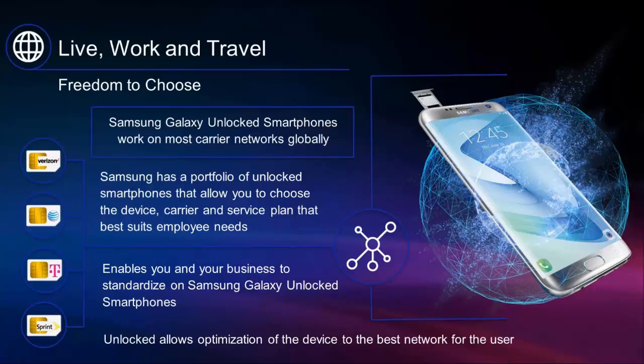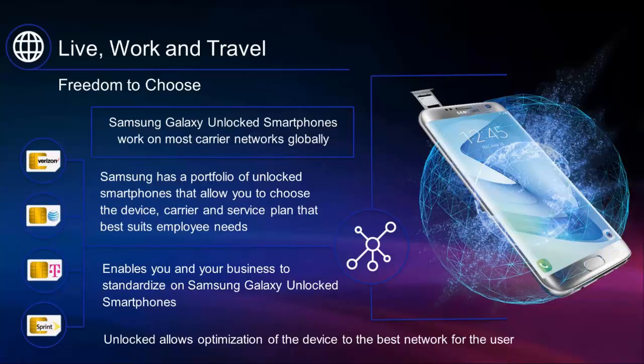This also can apply on the business side, so it is important to note that while not as prevalent as on the consumer side, enterprise unlocked phones do have that ability to swap in and out the SIM cards in order to change plans from one region to another or from a local carrier to a different local carrier as they travel. So this portfolio of unlocked phones allows them to choose the device, the carrier, and the service plan that best suits their needs.